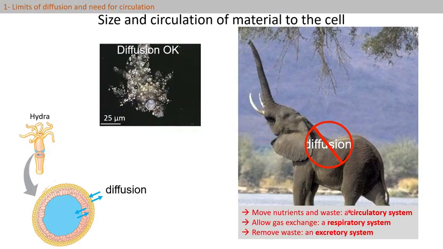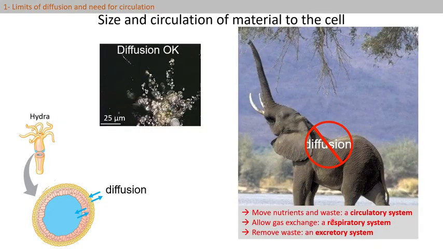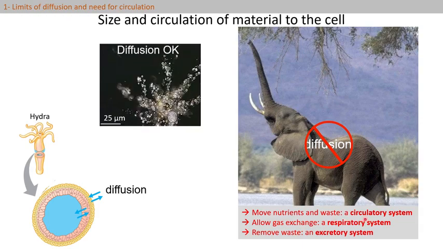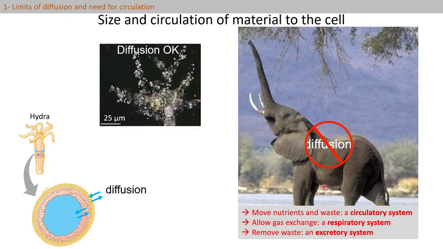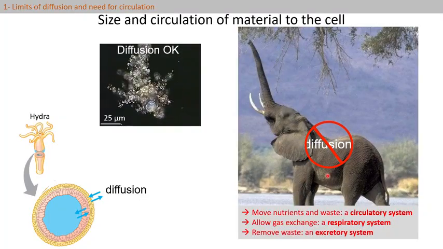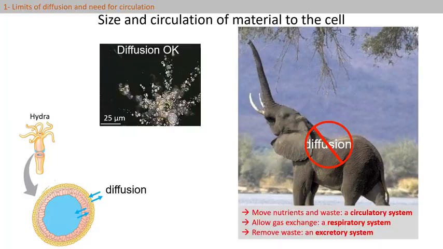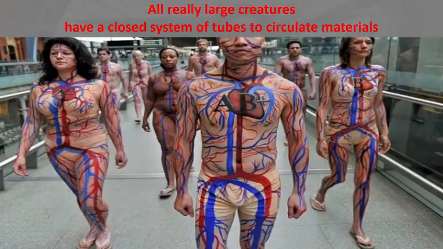And moving nutrients and waste, that's a circulatory system. That's what we're going to see today. But you need also, of course, adapted systems for respiration, for excretion, etc. So that means the scale of the size of an organism imposes a problem, which is they can't rely on diffusion and they need to rely on something else. So what is something else?